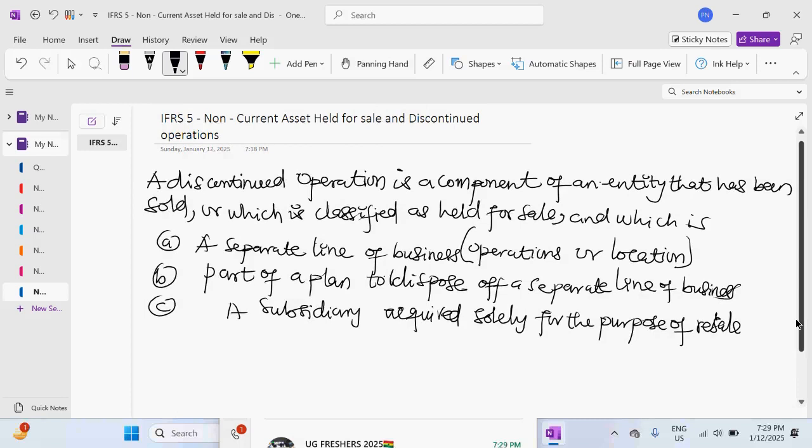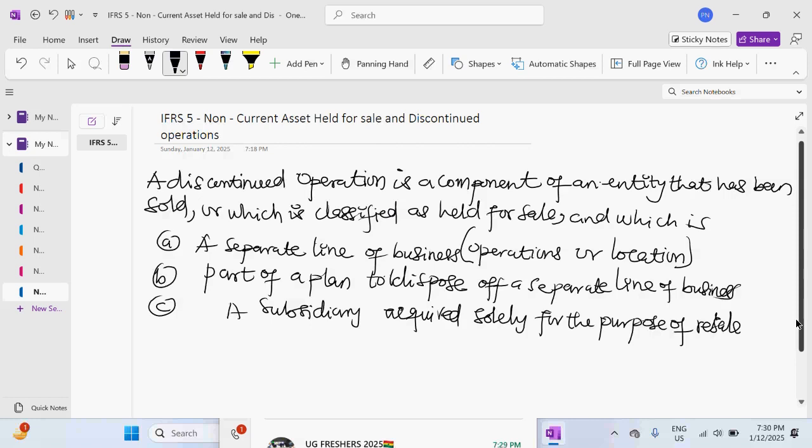One portion of the production line can be closed. Or maybe you are into production of soap and pomade, and you close the pomade section of your business. Or a part of a plan to dispose of a separate line of business.